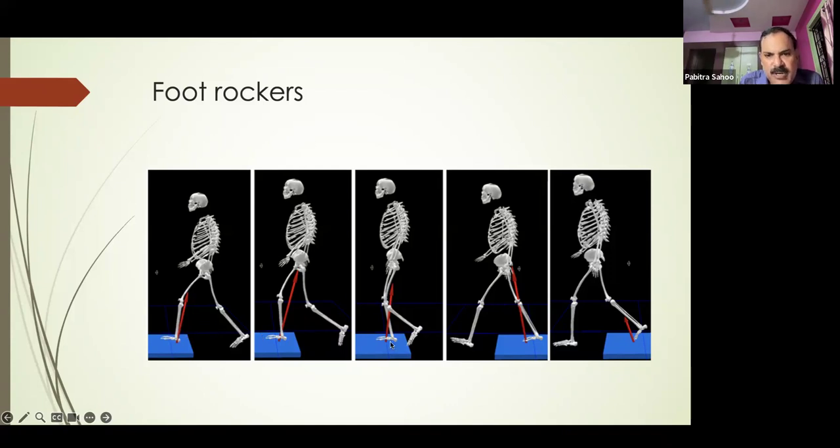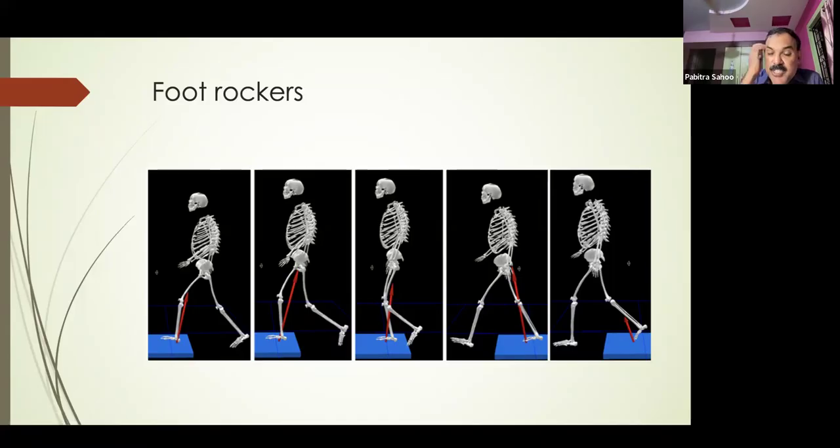The second rocker occurs from foot flat towards heel up, so that the center of gravity will come towards the midfoot. That's the second rocker. The third rocker is the effective rocker on which body weight is transmitted.